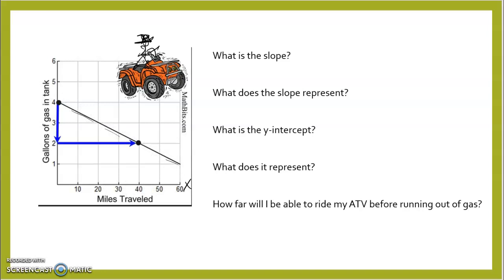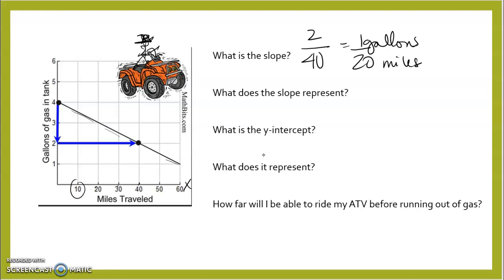What is the slope? It looks like we went down 2 and over. Careful. In these real world graphs, you have to look at the increments. We went 10, 20, 30, 40. So it went down 2 and over 40, which is 1 over 20. So this is gallons per mile.